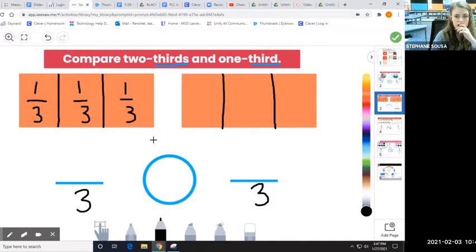So if I'm going to represent 2/3, that means I can shade 2 1/3. 1 1/3 plus another 1/3, and when I add those together, 1/3 plus 1/3 is the same thing as 2 1/3.